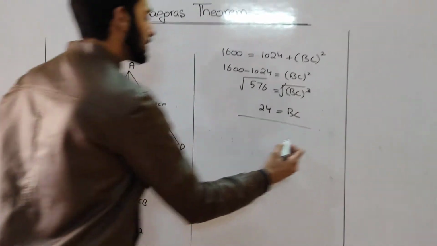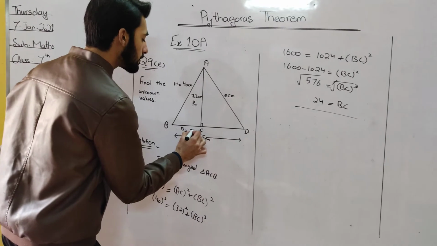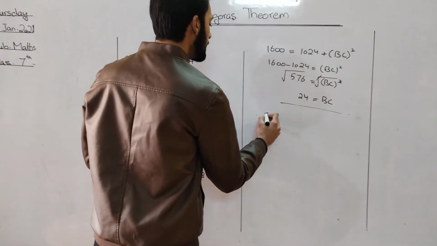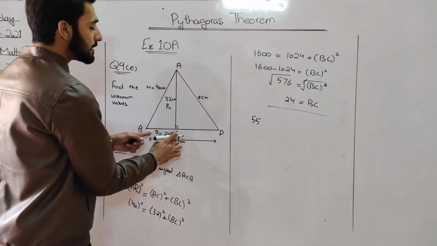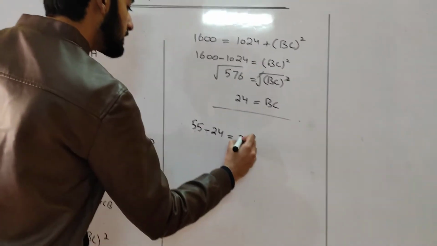Now this value equals 24, and to find the value of CD, we write 55, because the total side is 55 and the BC side is 24. So 55 minus 24 gives 31.